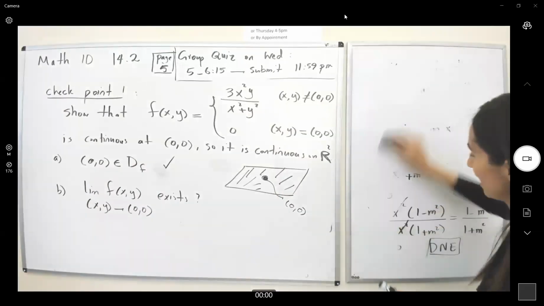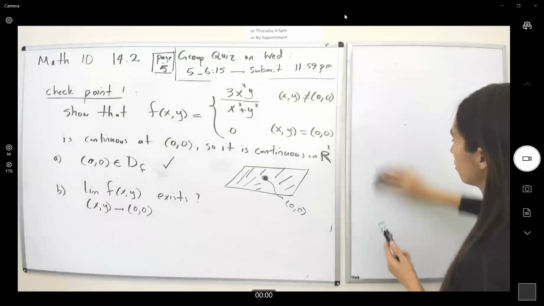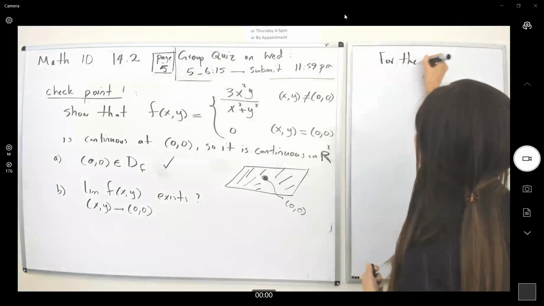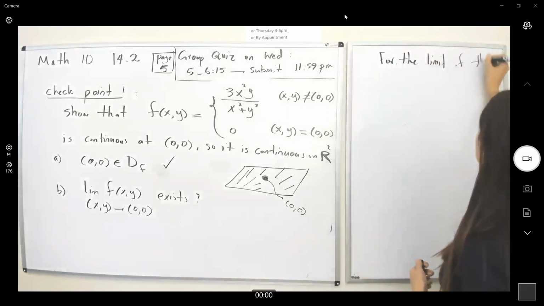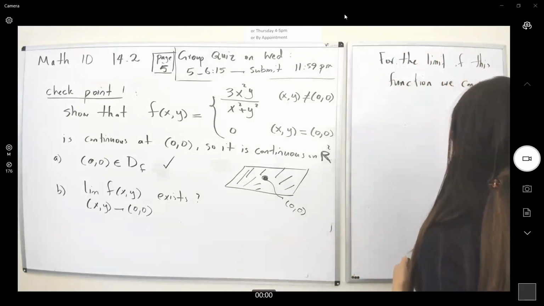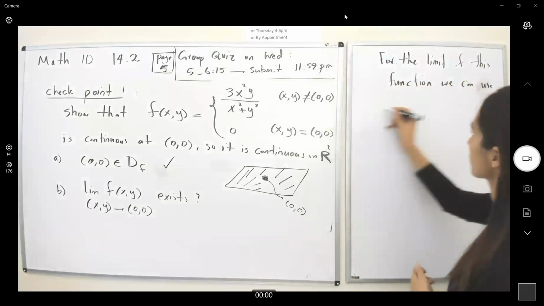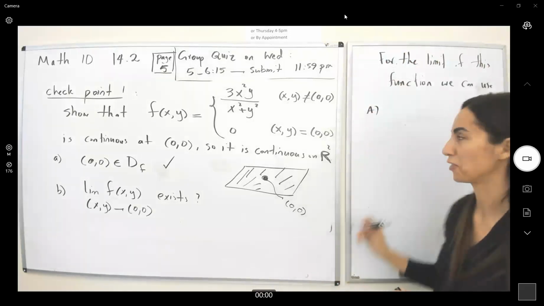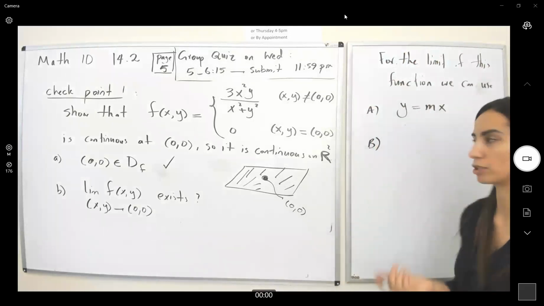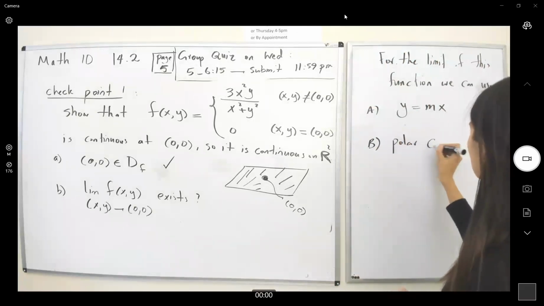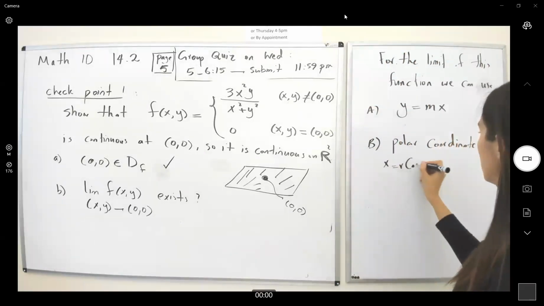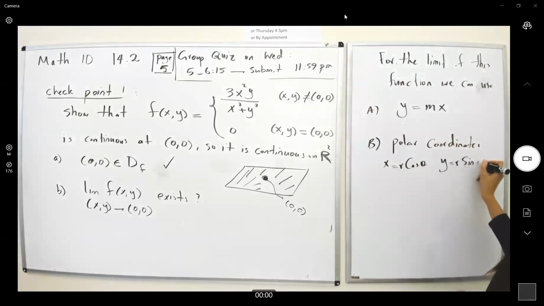So to analyze the existence of the limit of the function, we can apply different methods. For the limit of this function, we can use A, a general path, y equals mx. B, polar coordinates, why not? x equals r cosine theta, y equals r sine theta.